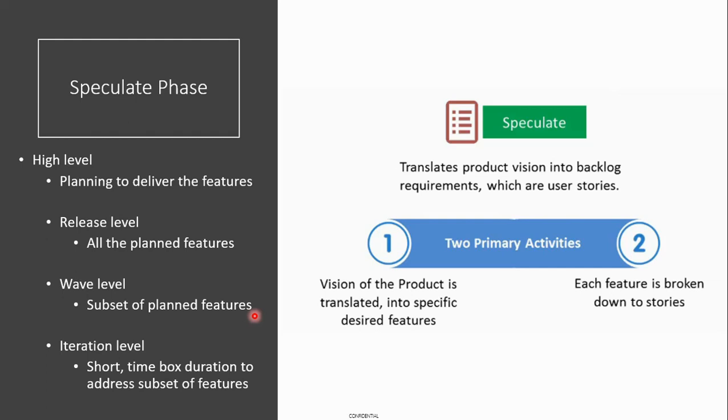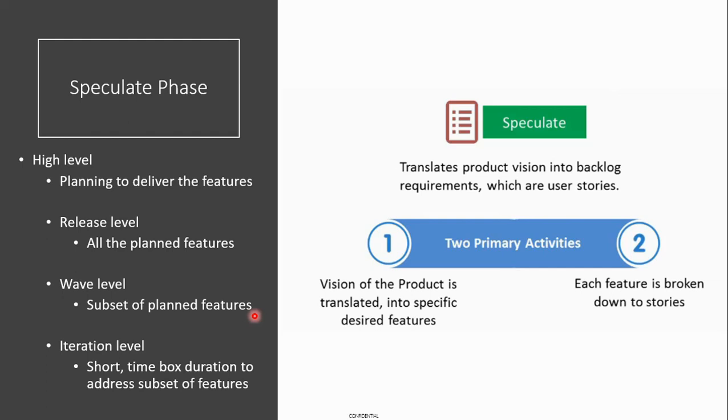Maybe if you are an experienced manager, you can tell that for this amount of features in the first release, you might have to go for about 5 iterative cycles. There is something called a wave level also, where 2 or 3 iterative cycles combine together and are called a wave, and all these together are called the release level.